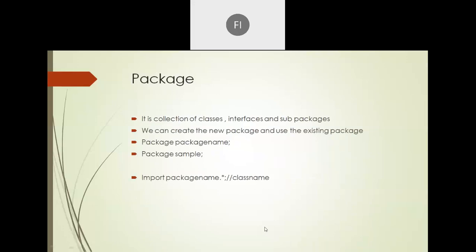If you want to use an existing package, we use the import keyword. You can write import package name dot star, or import package name dot class name. So if you want to use it, go for import; if you want to create it, go for package. These are the two keywords we generally use in Java.